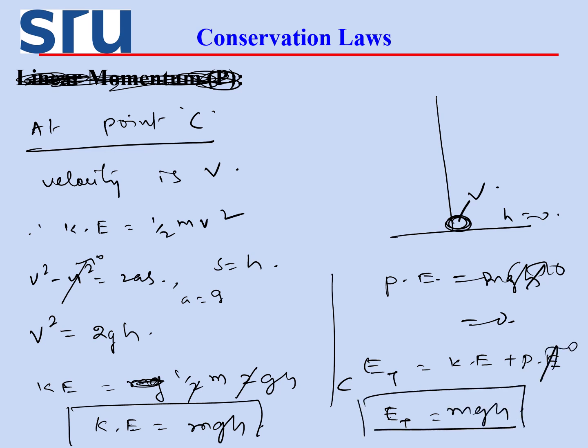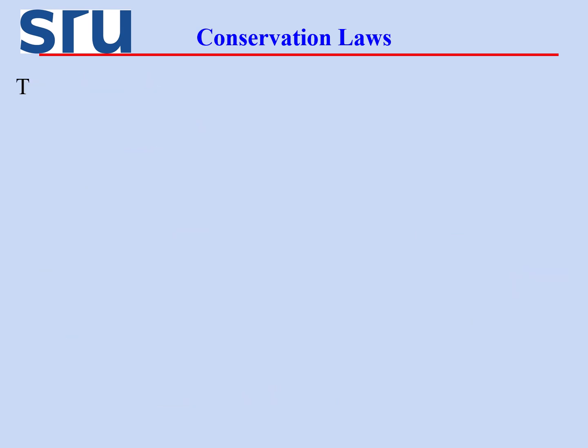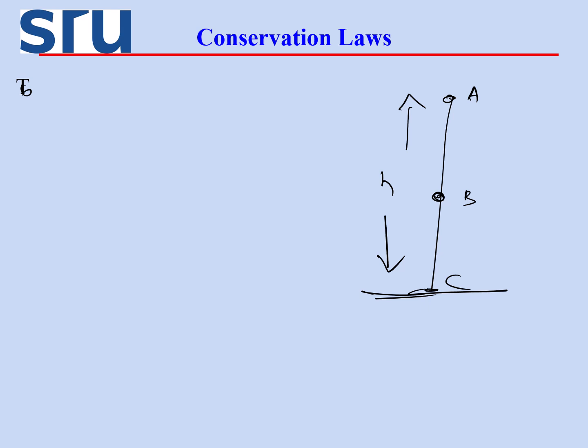So by observing 3 points, A, B, and C, the body travels a distance h from A to C. So at 3 points, EA equals EB equals EC: mgh, mgh, and mgh.